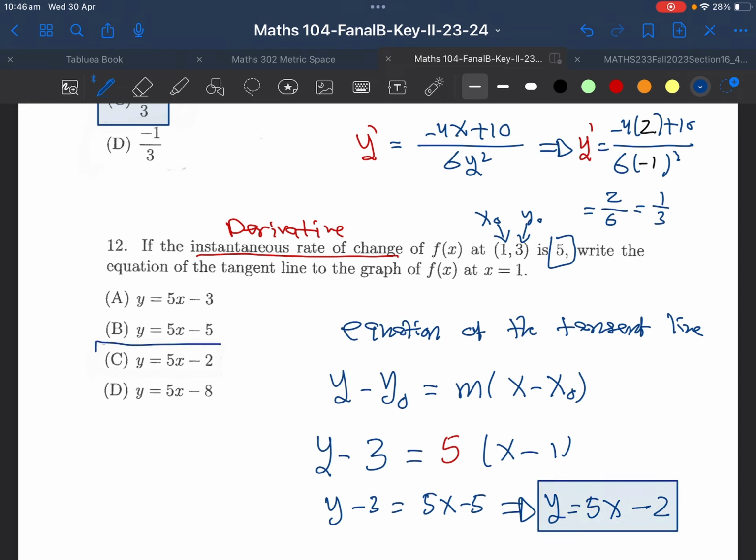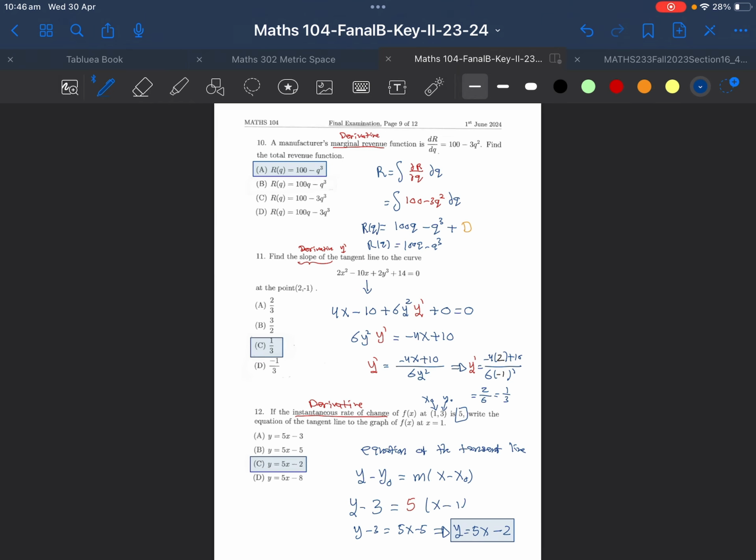Now, which one is 5x minus 2? It is part C. And that's question number 12. Next is question number 3.